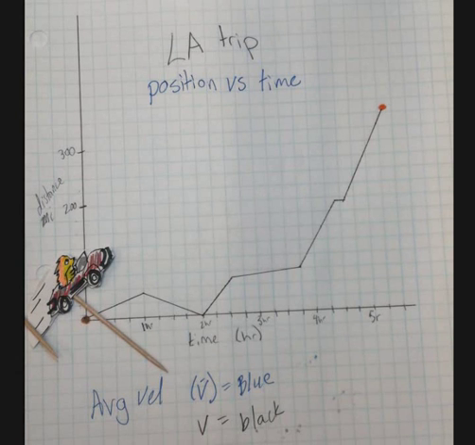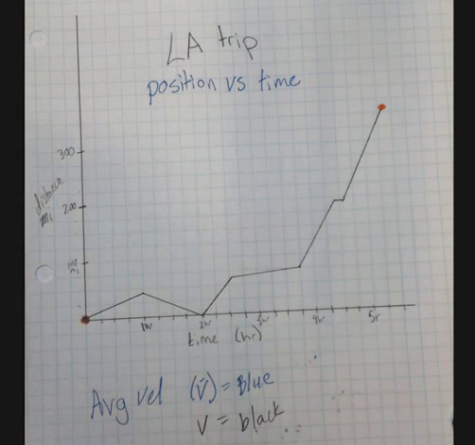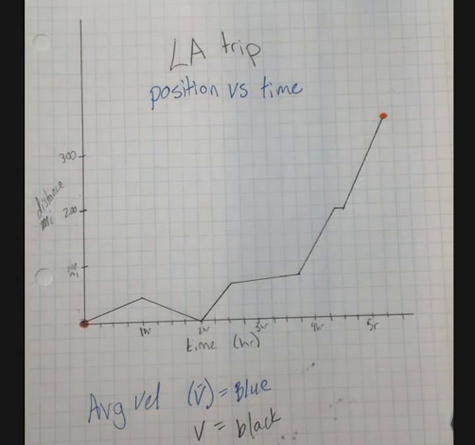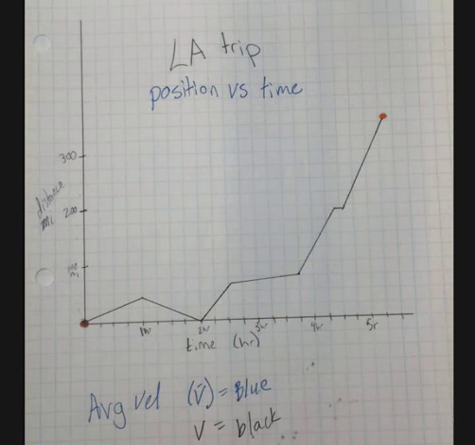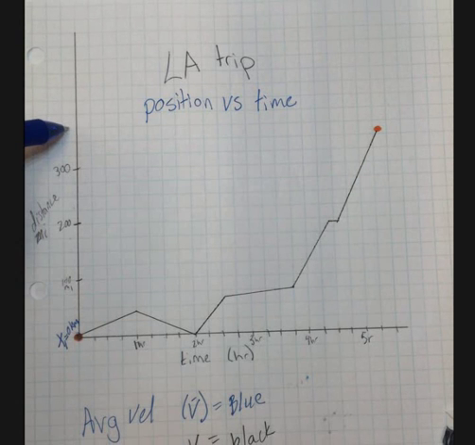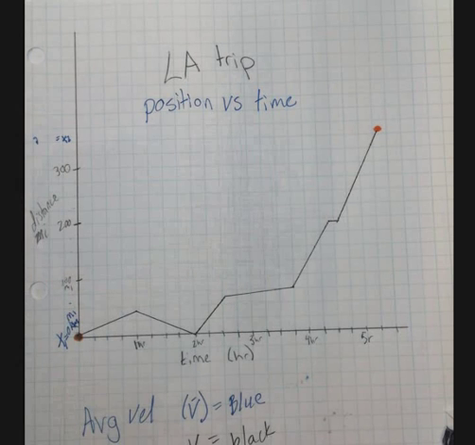Now let's consider your final position compared to your initial position. All right, so here we could say your x1 was 0 miles, and your x2 was 352 miles.